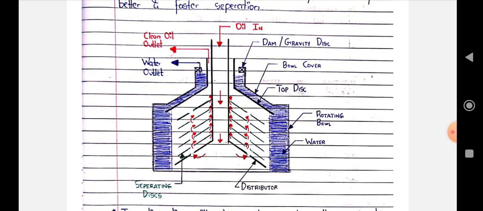Due to rotation of the bowl, the high density particles, that is water and sludge, move to the periphery of the bowl, and clean liquid comes to the center.